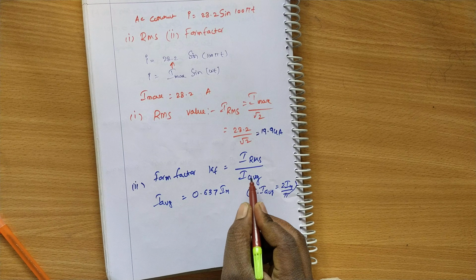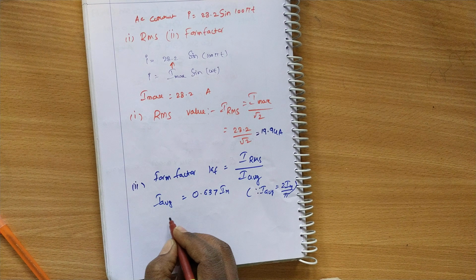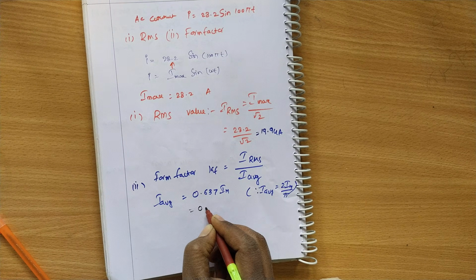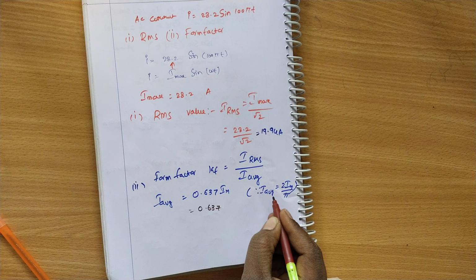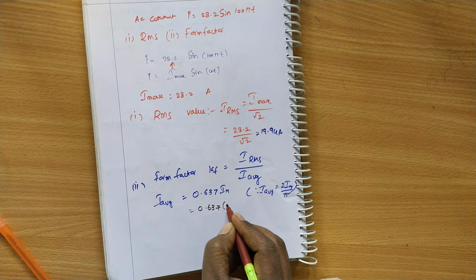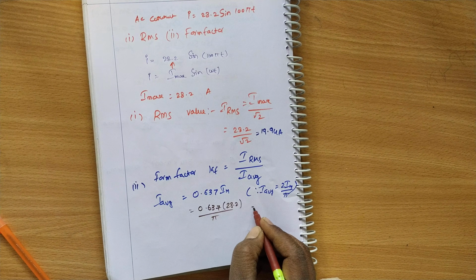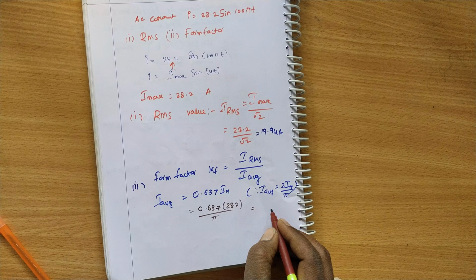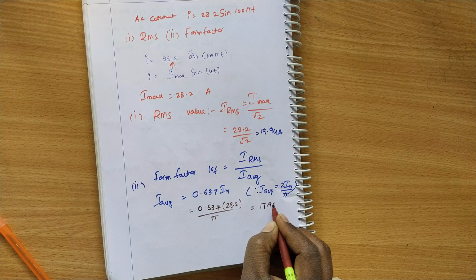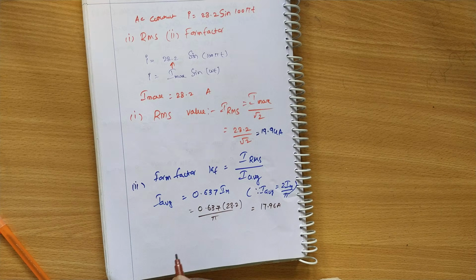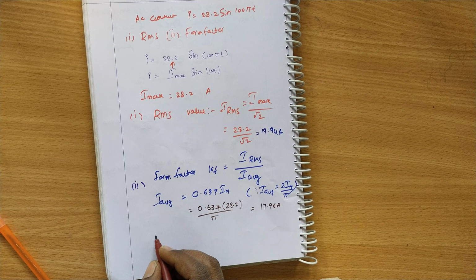Now first we have to calculate I average. I average equal to 0.637 or 2 Im by pi. Im value is 28.2, divided by pi. Now it gives 17.96 amperes.